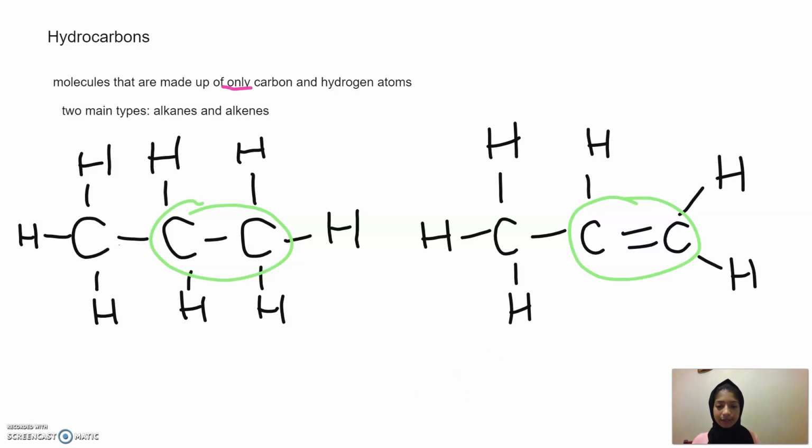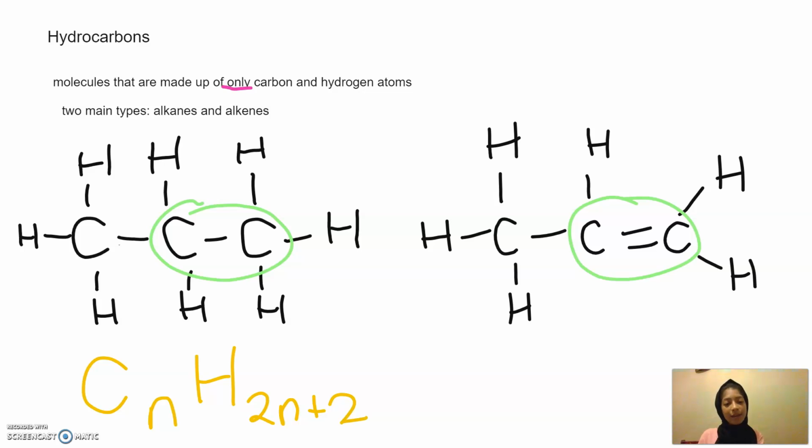So let me write down the general formula for an alkane first, and I'll use that to explain what I mean. So the general formula for an alkane is CnH2n+2, where n can be any number between 1 and infinity to represent the number of carbons in our chain. And n is of course the same number for the hydrogens as for the carbon.